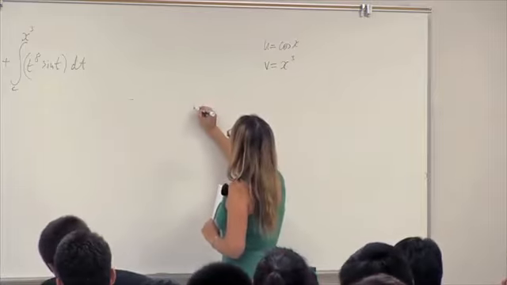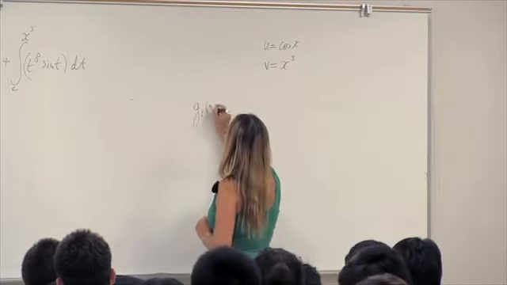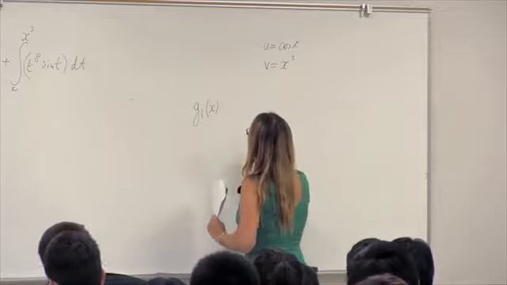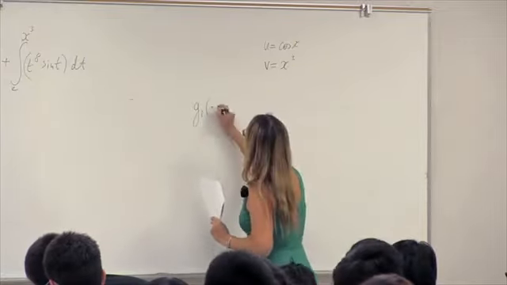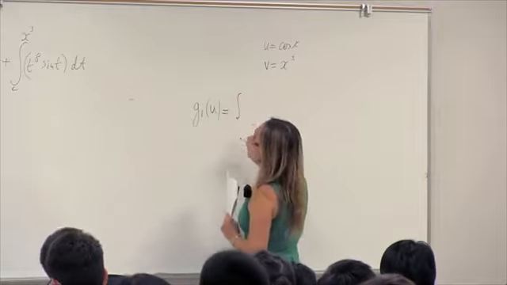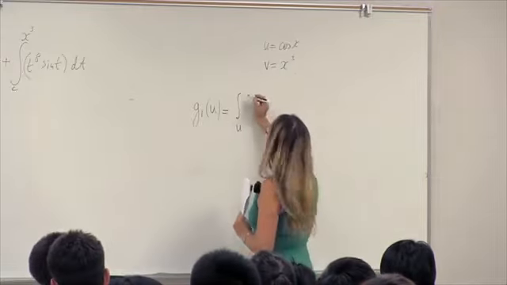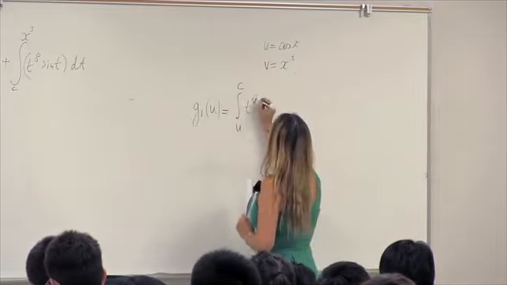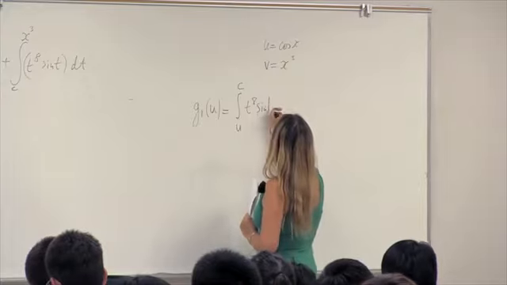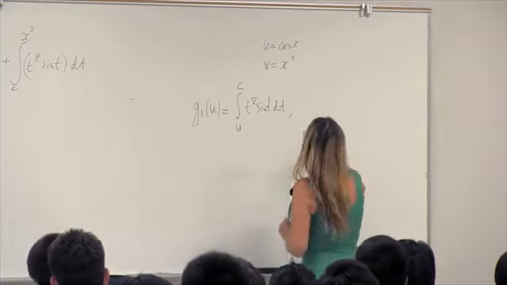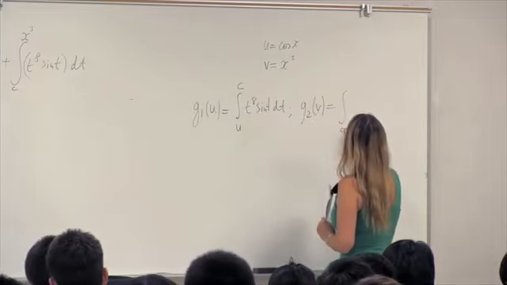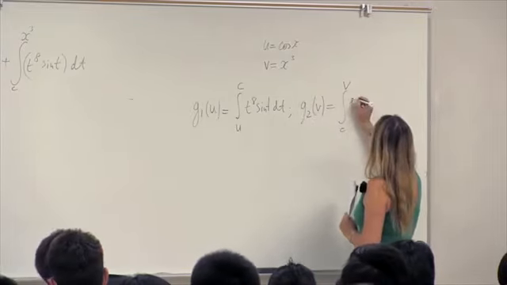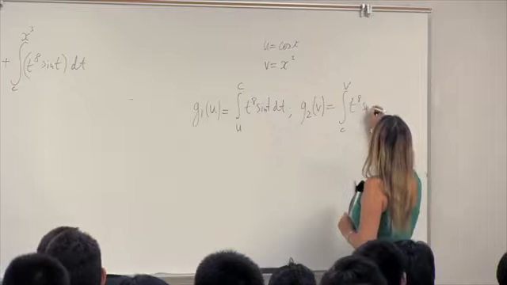So I can really do them separately. g1 of u, rather, is going to be an integral from u to c, and g2 of v goes from c to v of the same function.